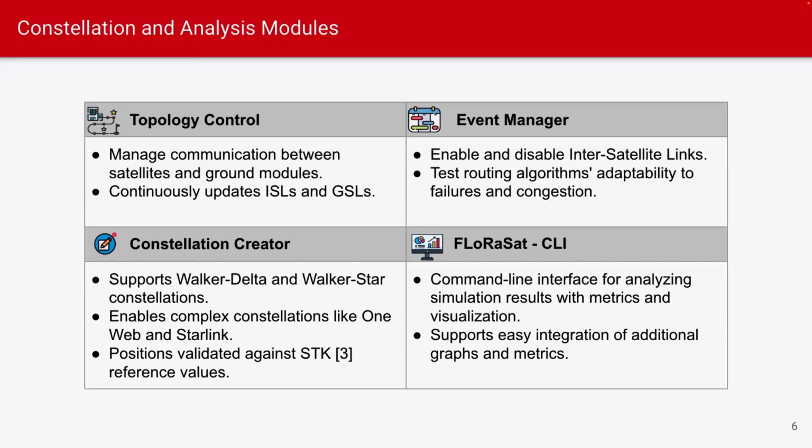We also have the Event Manager module. This module activates or deactivates the inter-satellite links. In this way, it is also responsible for testing the adaptability of the routing algorithms to scenarios of failures and congestion, and how these routing algorithms overcome these kinds of situations.